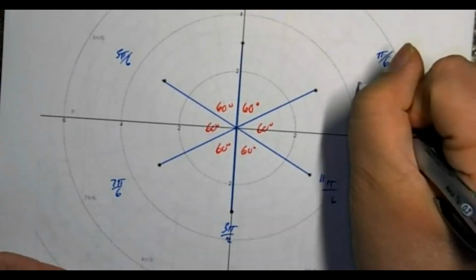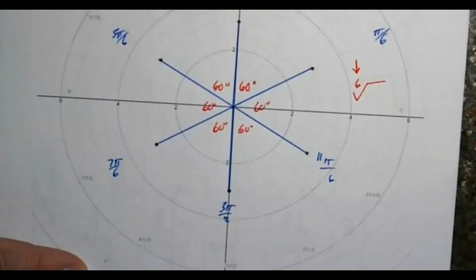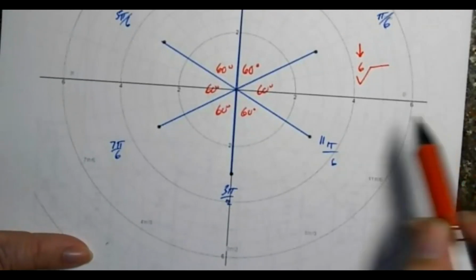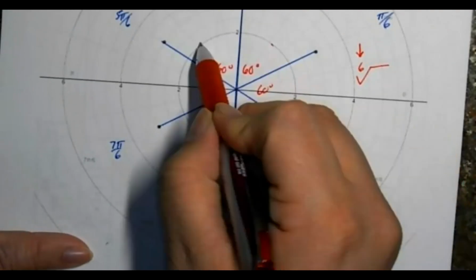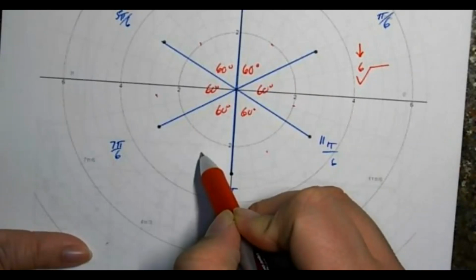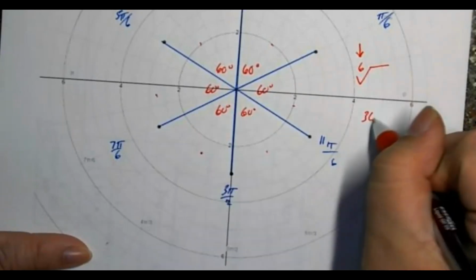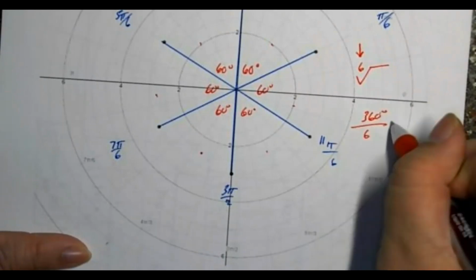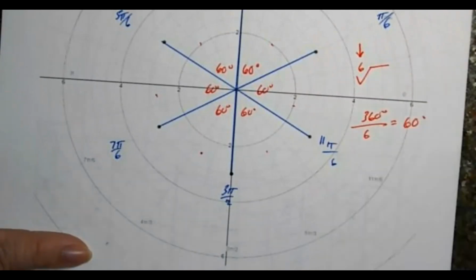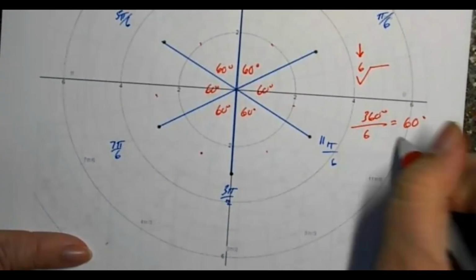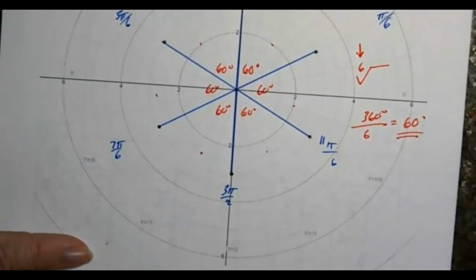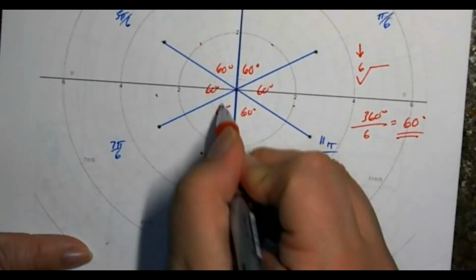So what you're going to do is take 6, right? 1, 2, 3, 4, 5, 6 angles here, 6 sections. So you're going to take 360 degrees, divide that by 6, and we get 60 degrees. So this will be the space between each solution.